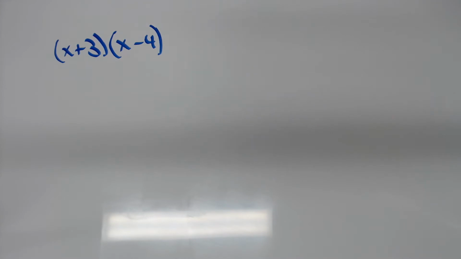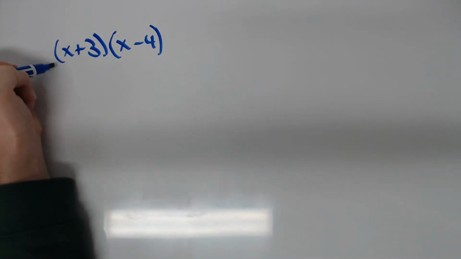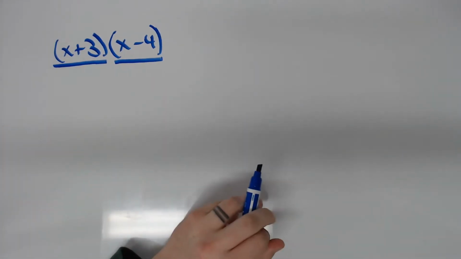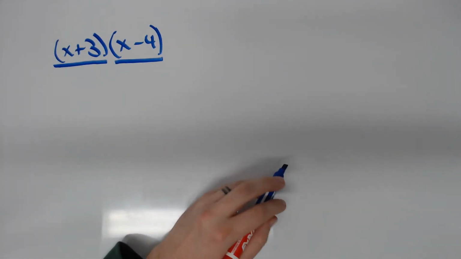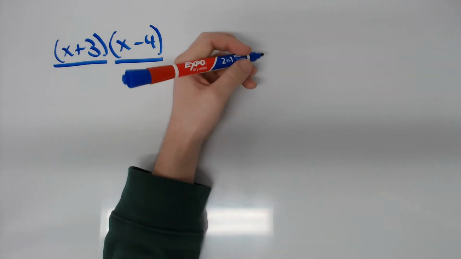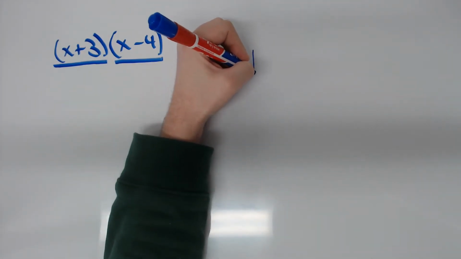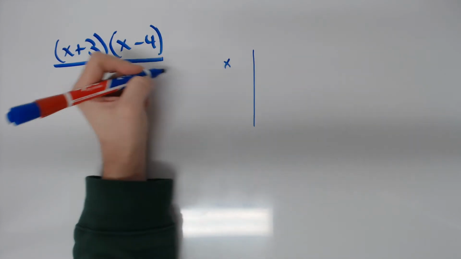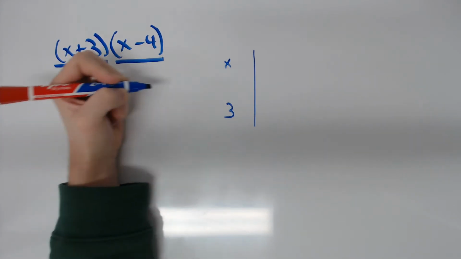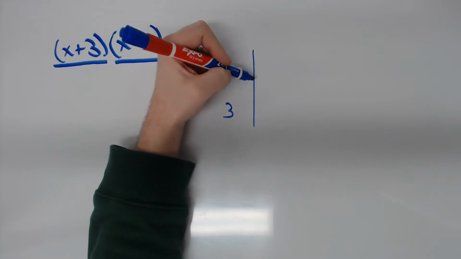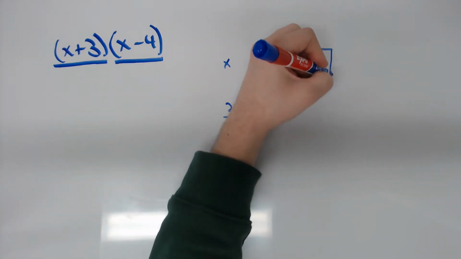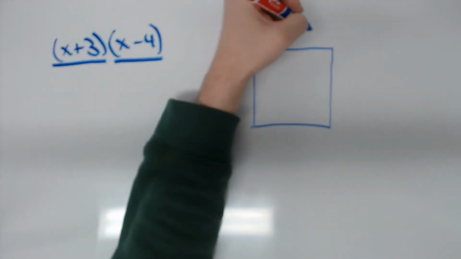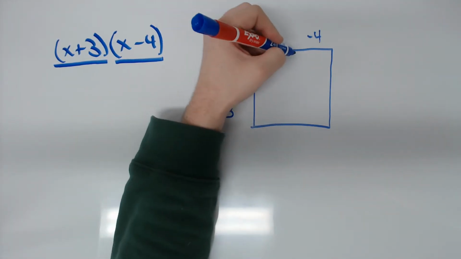So the way to organize this is each binomial or each polynomial multiplied together is the side of a box. So if I have a box, the left side can be my x plus 3. And then I'll make the top of my box x minus 4.